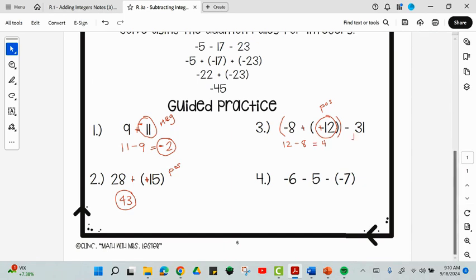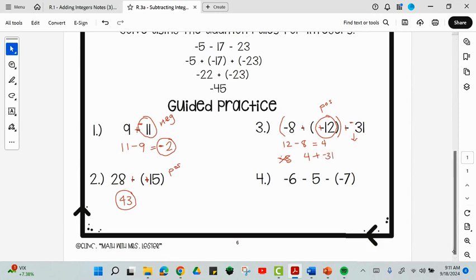Okay, now we're going to bring this down. And before I bring it down, I'm going to actually change it up here. So this becomes plus, and then 31 becomes negative. So I've got 4 plus negative 31.